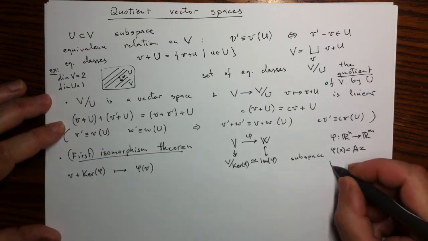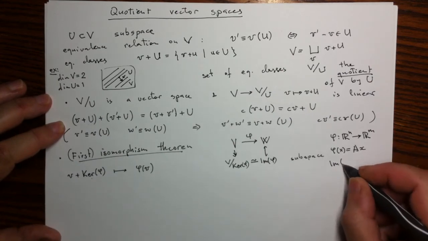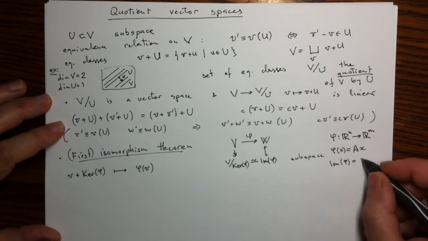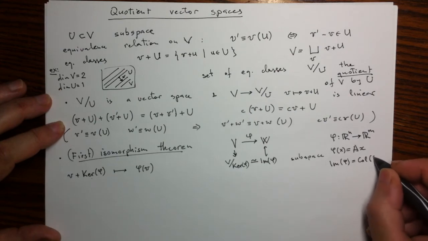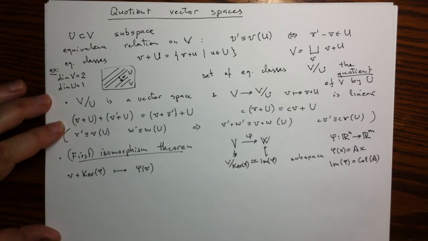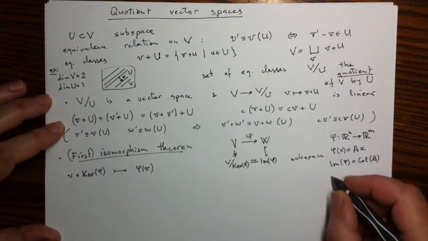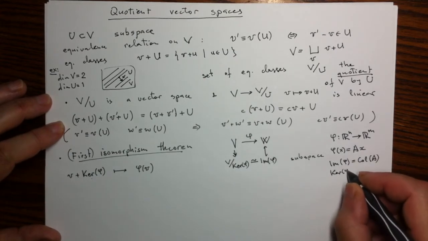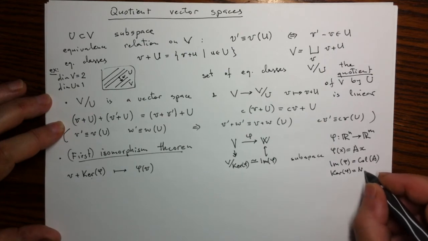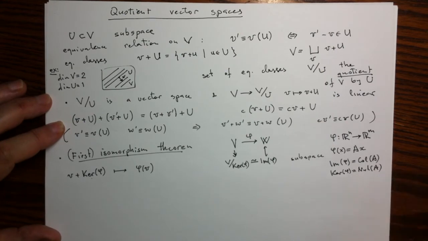So then the image of such a linear map is what is called the column space of A. You could check that the columns of A are in the image, and anything which is in the image is a linear combination of them, so that's why. The kernel is called the null space of A. It's everything which is annihilated by multiplication with A.